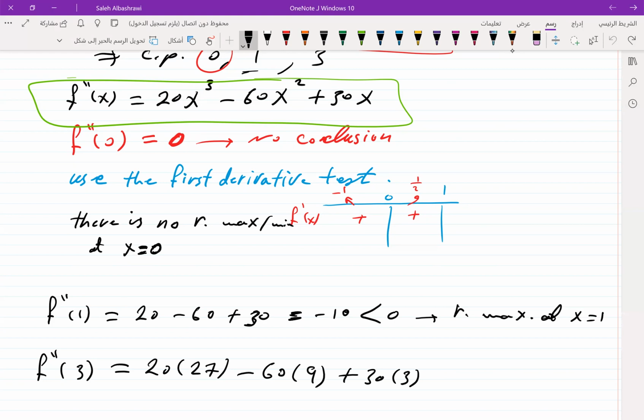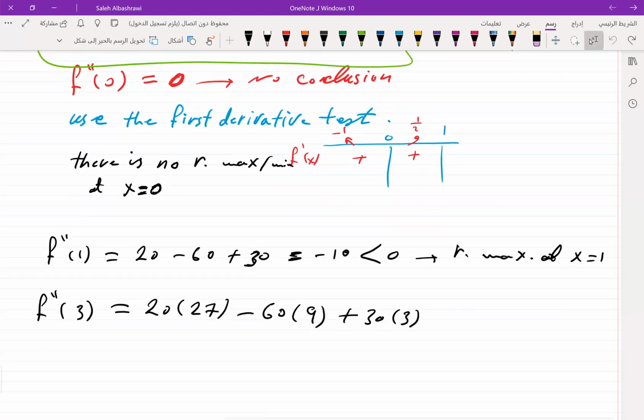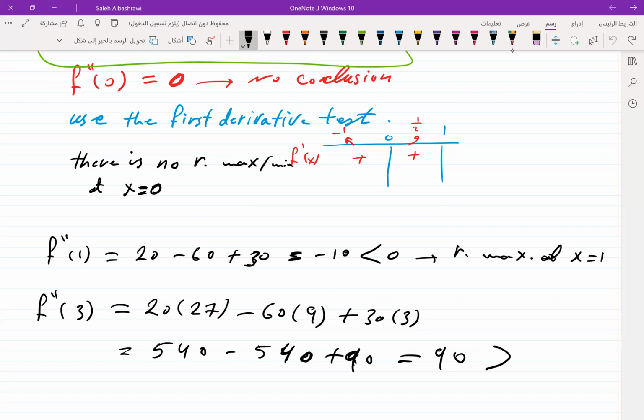And you will see 20 multiplied by 27 is 540, 540 minus 540 plus 90. That will be 90, which is greater than 0.